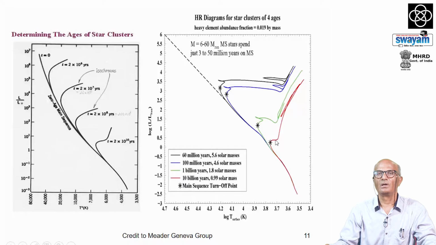They are indicated. So, in fact, we can say with some accuracy using models, if we are able to locate this turn off point in the cluster diagram, then we can find out the age.